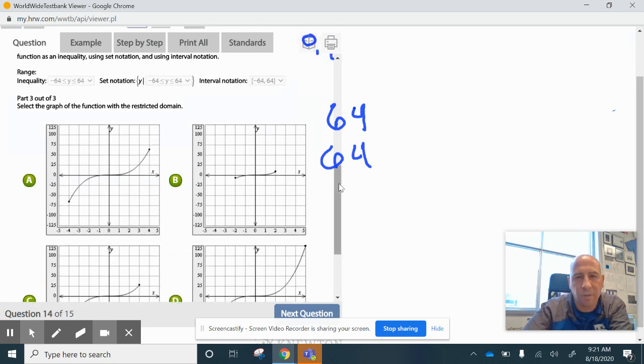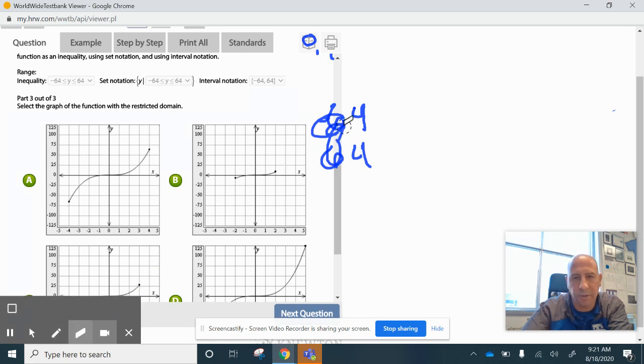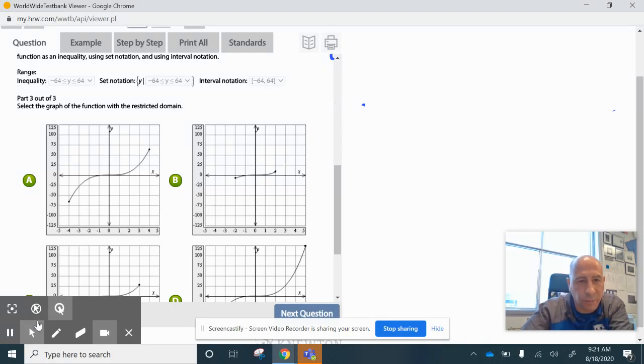Part 3. And let me erase this. That's not erasing, that's scribbling. All right. So select the graph of the function with the restricted domain. So we know it's between -4 and 4.